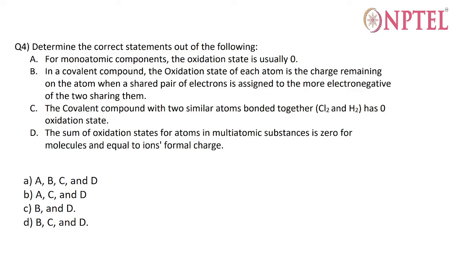Then the covalent compound with two similar atoms bonded together, suppose chlorine and hydrogen, has zero oxidation state. And then the last one, the sum of oxidation states for atoms in multi-atomic substances is 0 for molecules and equal to the ion's formal charge.